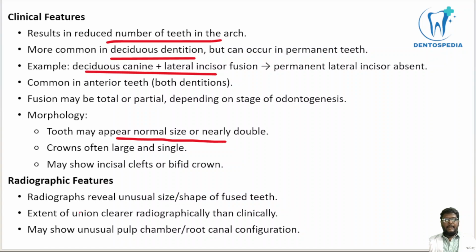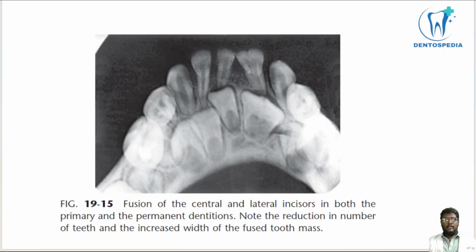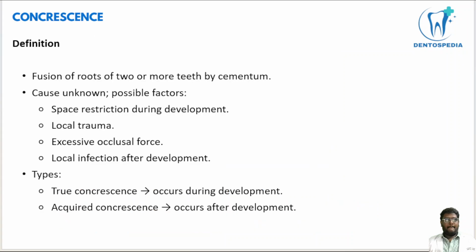Okay, and coming to the radiograph, usually you can diagnose it with clinical examination, and sometimes we can go for radiographic examination if needed. Okay, here you can see the mandibular central and lateral incisor has been fused with each other, giving the appearance of a large tooth.